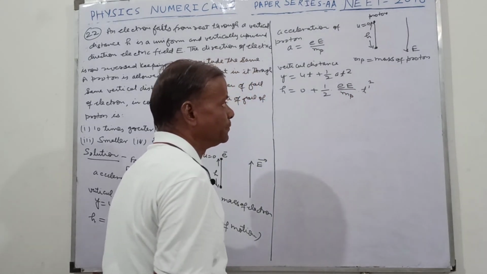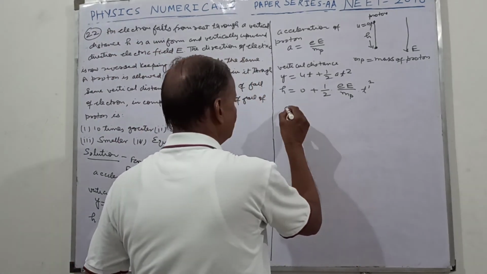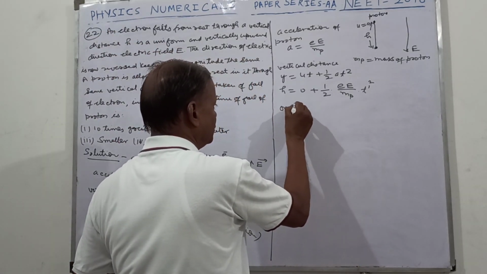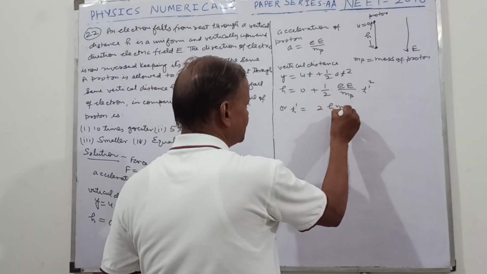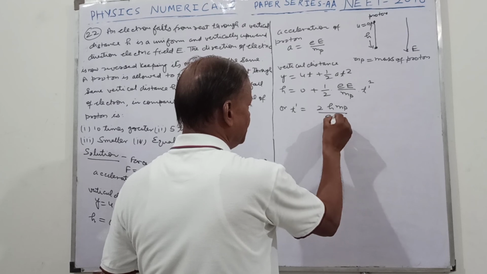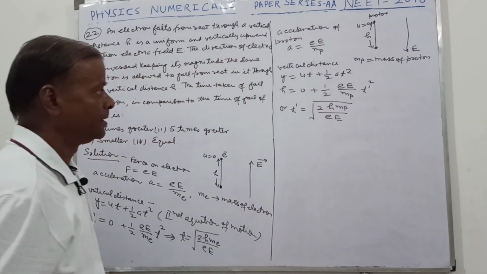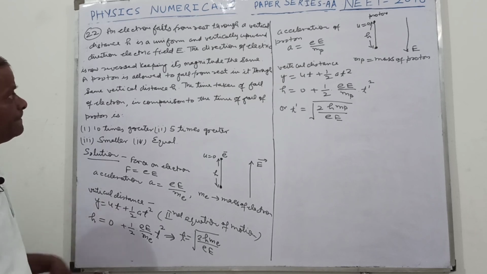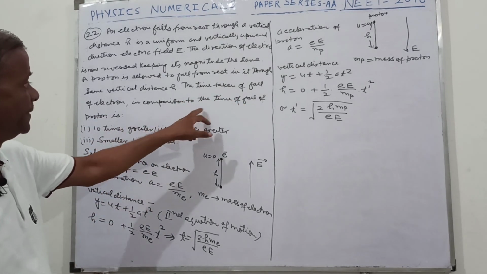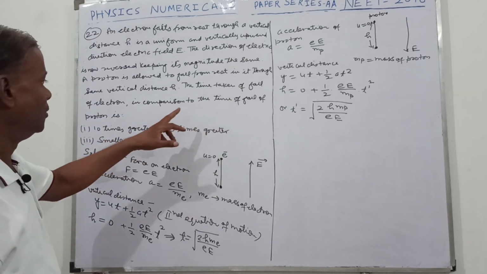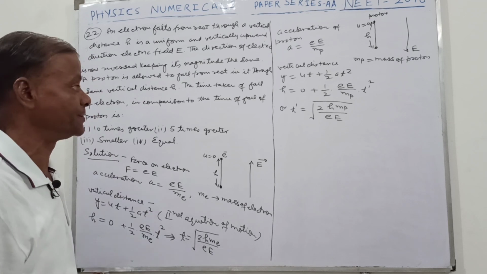We take this as t dash, so t dash equals the square root of 2h mp upon eE. Then what is being asked in the question? The time taken of fall of the electron in comparison to the time of fall of the proton. So you have to find t upon t dash.